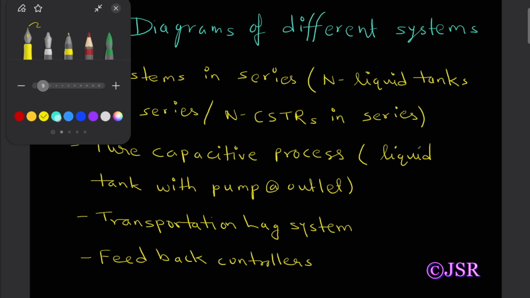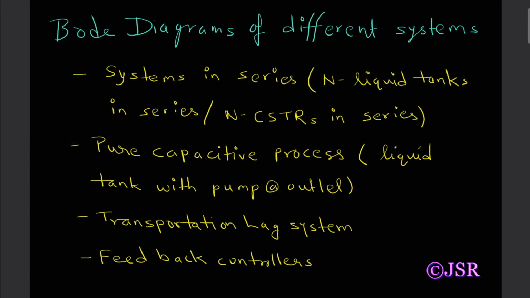The next one is the transportation lag system, and the most common example of a transportation lag system is a long pipe system. And then we will come back to the feedback controller.